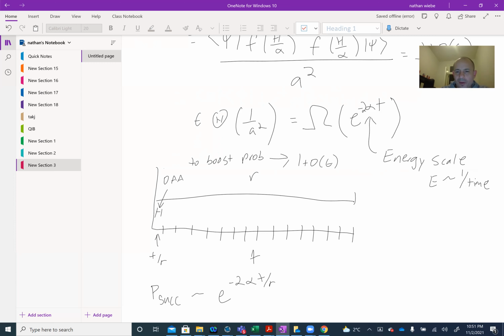This result is known as robust oblivious amplitude amplification, and a full proof can be found in Childs, Kothari and Berry, I believe, from 2016, if memory serves. But in any case, the idea is that we are going to use oblivious amplitude amplification inside each of these tiny little time slices.